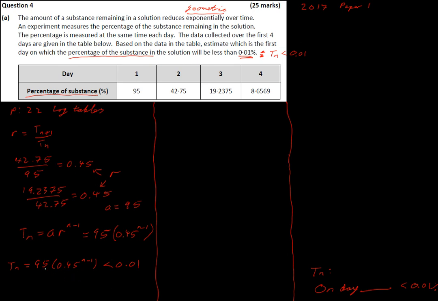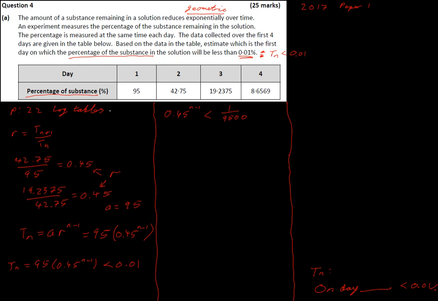So when I need to use logs, isolate the thing that has the power in it as best as I can. So I'm going to divide both sides by 95, and I end up with 0.45 to the power of n minus 1 less than, when I put that in my calculator dividing 0.01 by 95, I get 1 over 9,500.